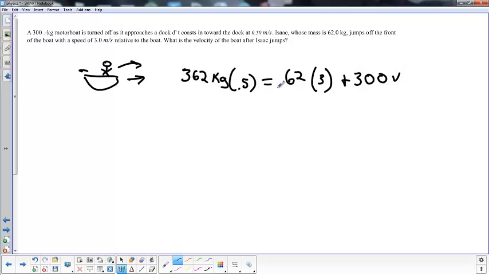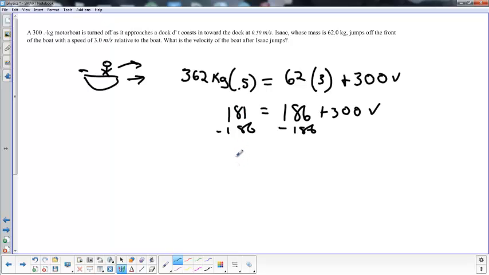So this is actually a pretty easy problem. 362 times a half should give us 181 equals 62 times 3, which is 186, interesting, plus 300V. Well, in order to get 300V by itself, we've got to subtract 186 from both sides.